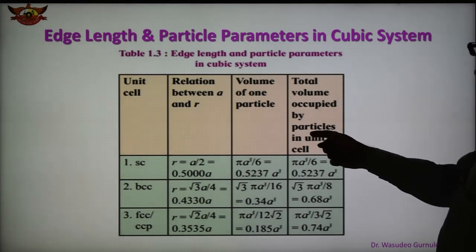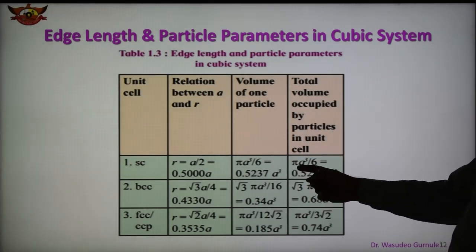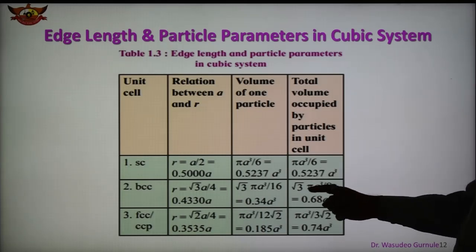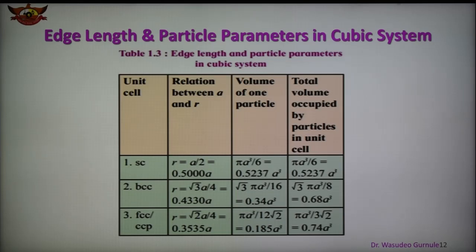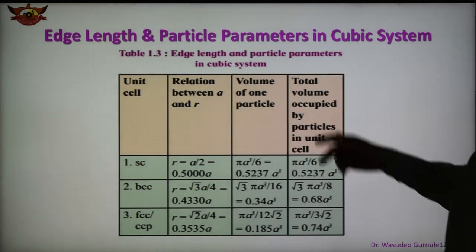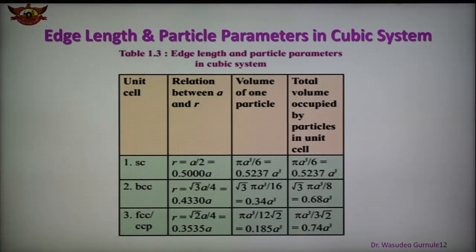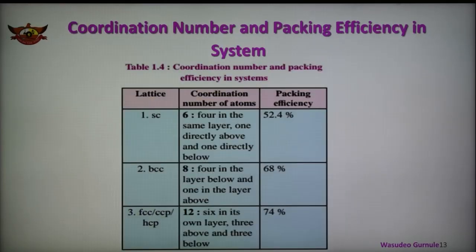The total volume occupied by the particles in the unit cell is calculated in this way in case of BCC, and also for FCC or CCP lattices. So the volume of one particle, the total volume of the particles in the unit cell, and the r and a for the three types of unit cell are shown in this table. From these we can calculate the packing efficiency. It is observed that packing efficiency in case of FCC is more as compared to the other two.